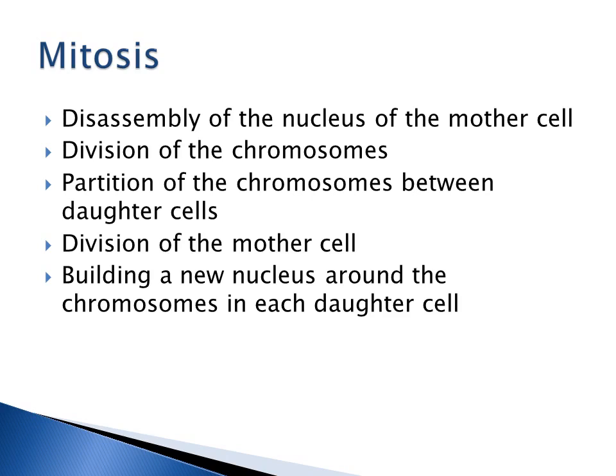You have to separate the chromosomes, and the mother cell then has to divide to become two daughter cells. And then you need to rebuild that nucleus around those chromosomes that have been separated in each daughter cell.